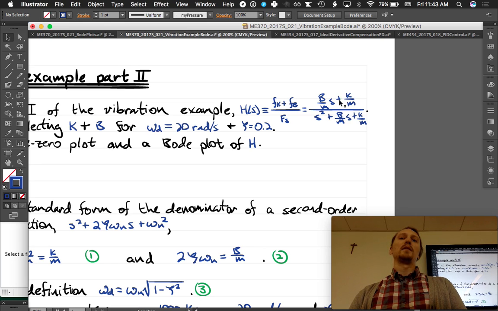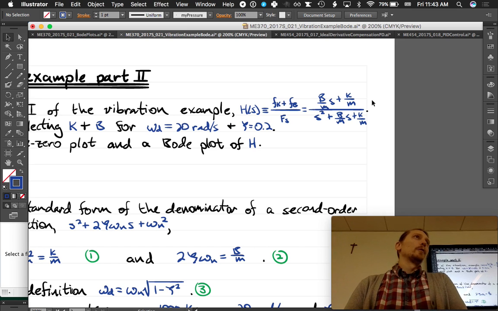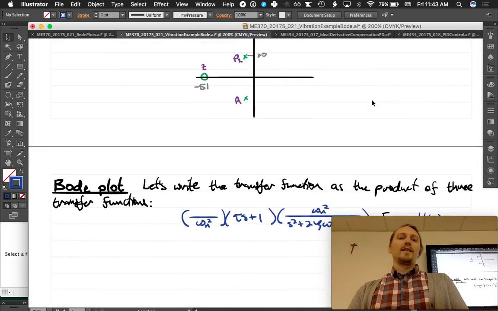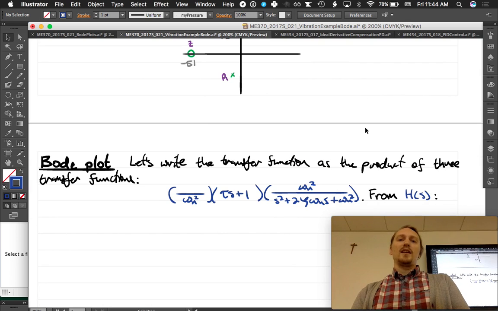So we have to divide this whole thing by k over m, which means that we have to multiply somewhere in this transfer function by k over m. Because if we're going to divide by it, we have to multiply by it elsewhere. So if we're going to divide by k over m to get this, we need to multiply by k over m elsewhere.